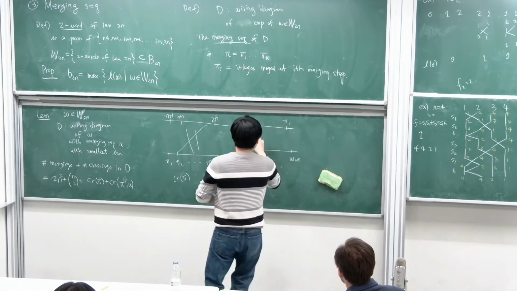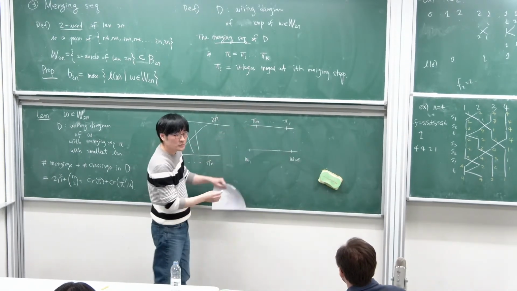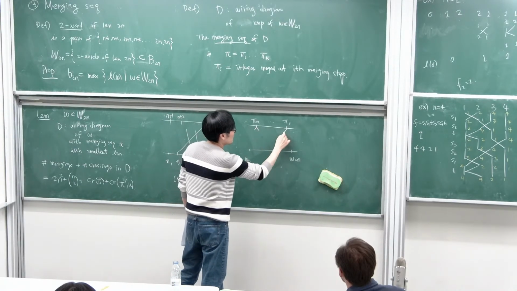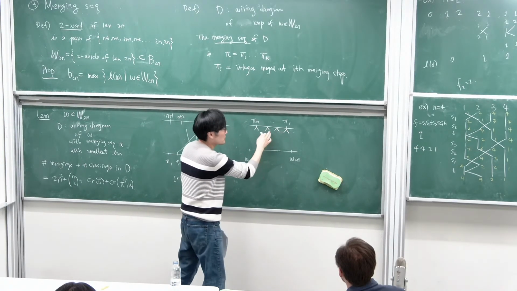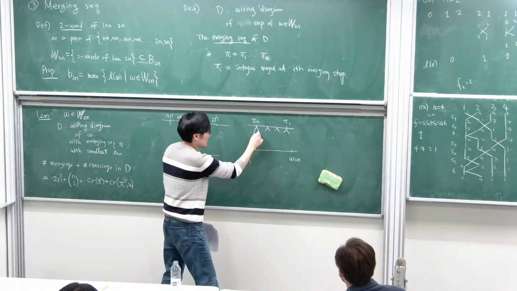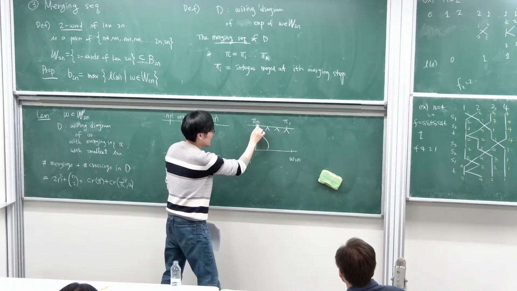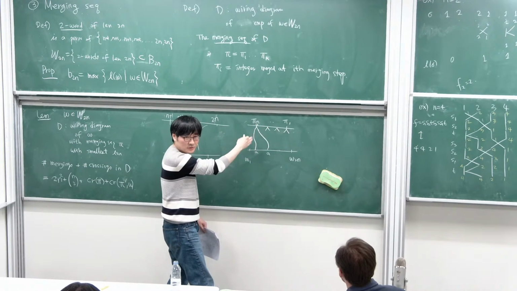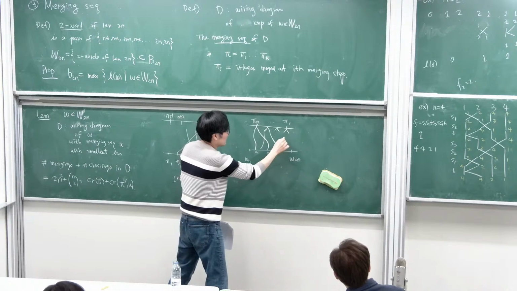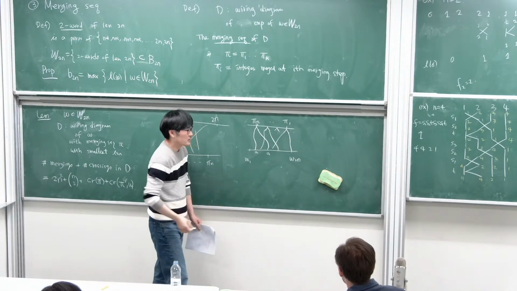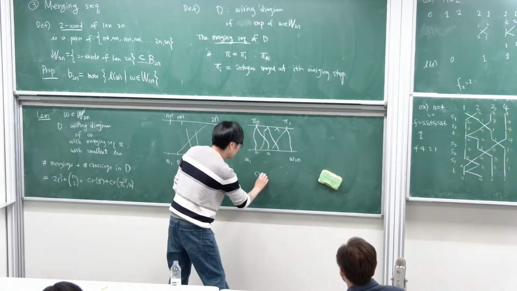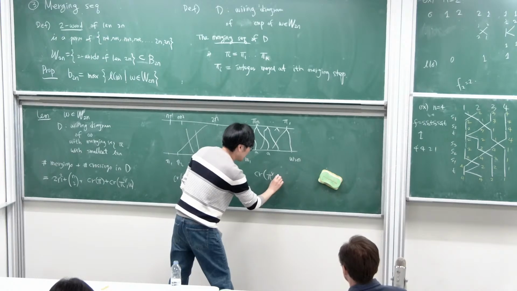Because this is a doubleton, it has 2 strings attached to it. So everything locally looks like this. And you connect them. Like this is A, then you find 2 A's over there, you connect them. And then you find the number of crossings there. That's what this crossing pi means.